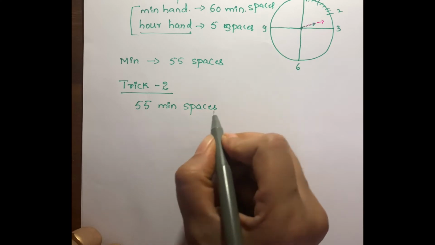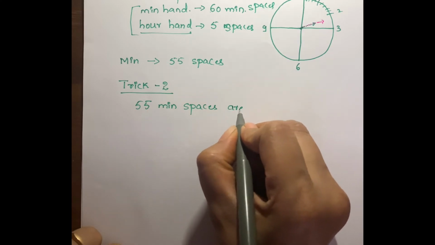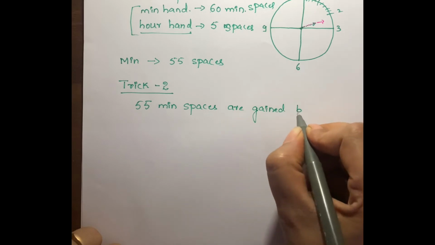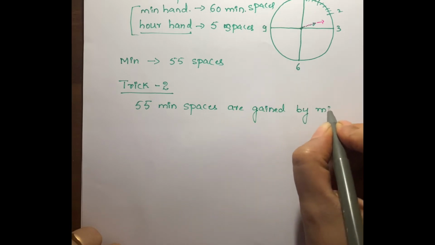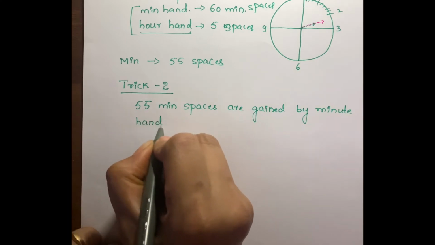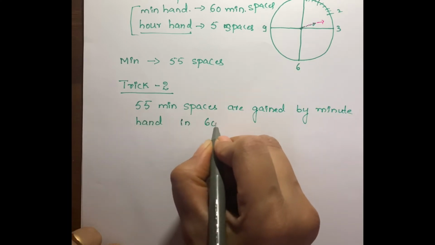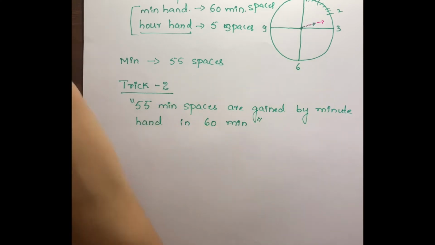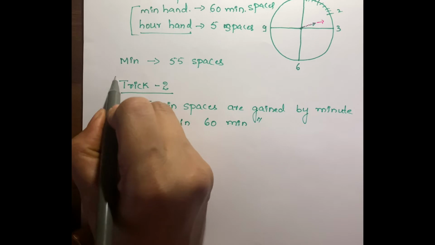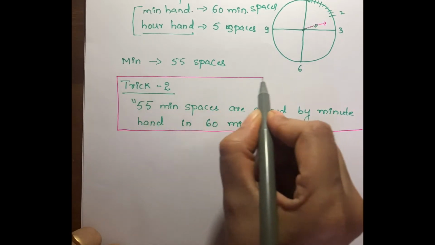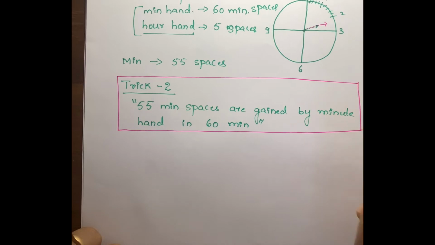So 55 minute spaces are gained by the minute hand in 60 minutes. This is the statement which you have to remember for all your further videos as well as questions.